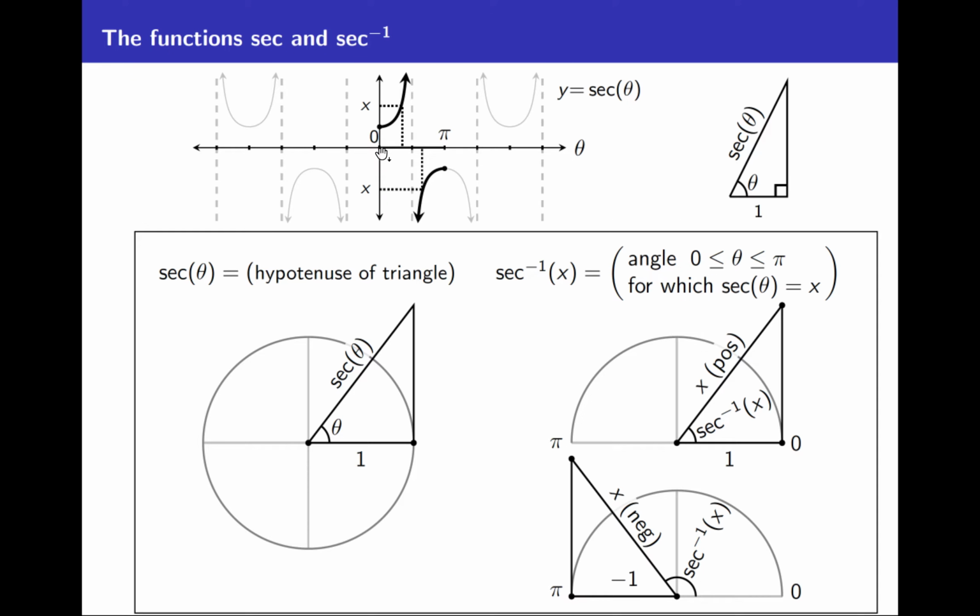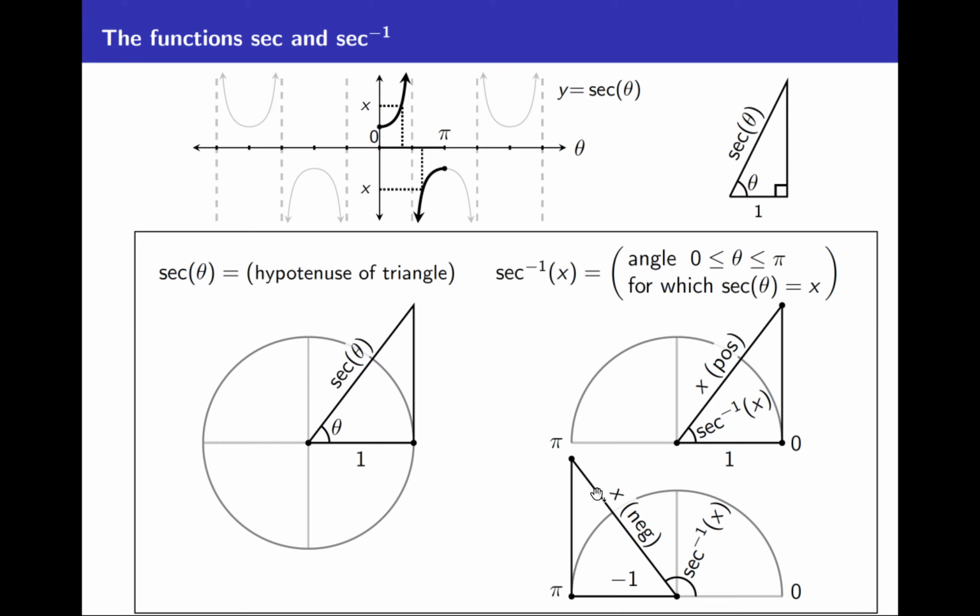For values of theta between 0 and pi, secant is going to be negative when theta is between pi over 2 and pi, as you can see in this picture. So in our geometric picture, secant inverse of x is going to be bigger than pi over 2, but less than pi, as indicated here.